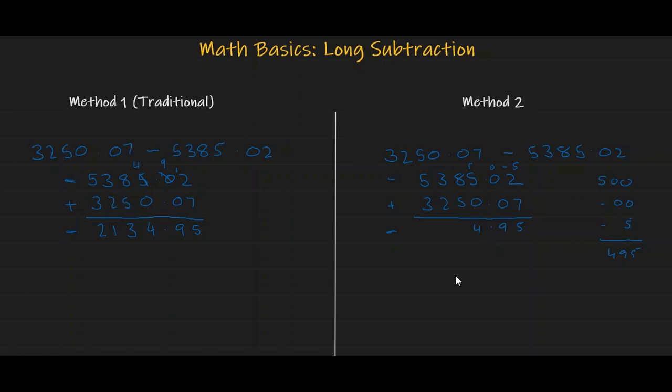Remember, there is a decimal point in the middle, so do not forget this, because if you don't put the decimal point, the answer will be completely different. It will be a much larger answer than both these values. Then you go 8 minus 5, 3, 3 minus 2, 1, 5 minus 3, 2. 2134.95.